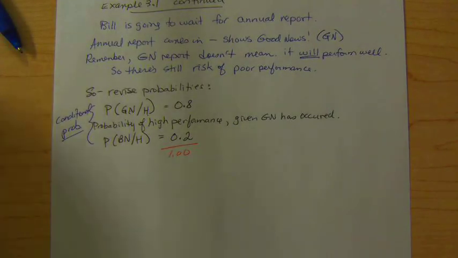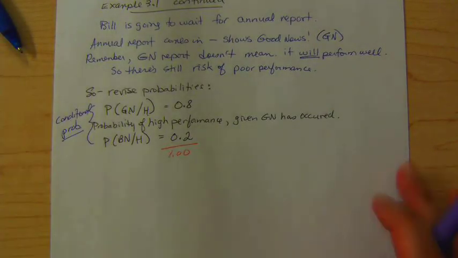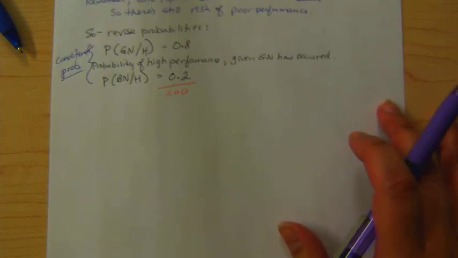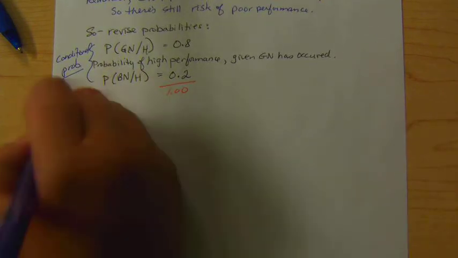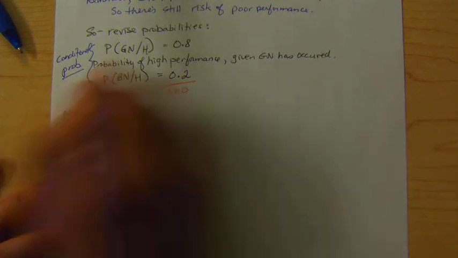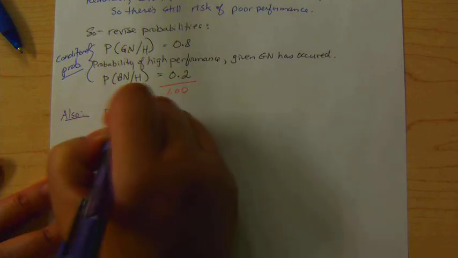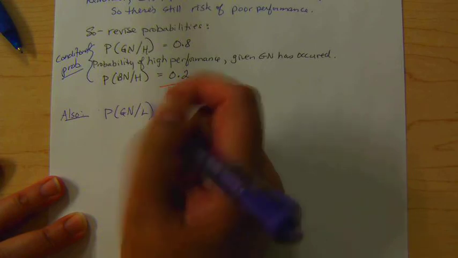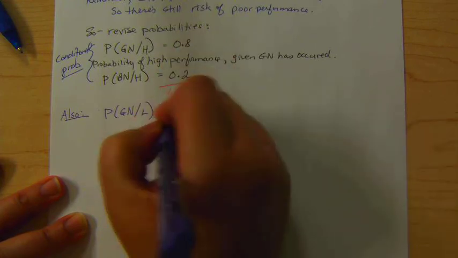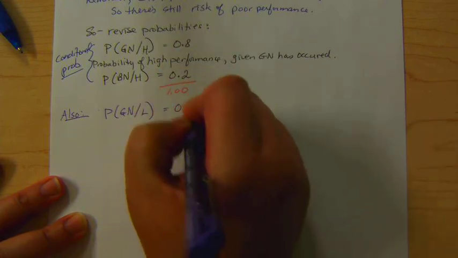Now, kind of matching that, thinking of good news and low, we can do the same kind of thing. So also, probability of low happening now that good news has been announced is 10%, and these are given, you guys. You don't make these up.